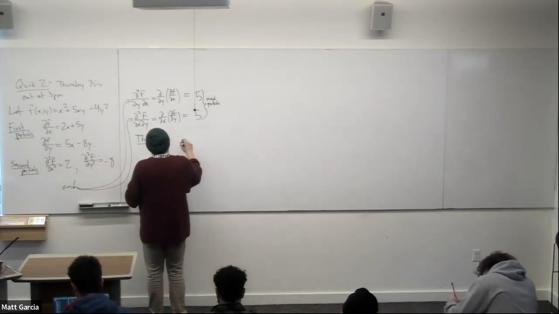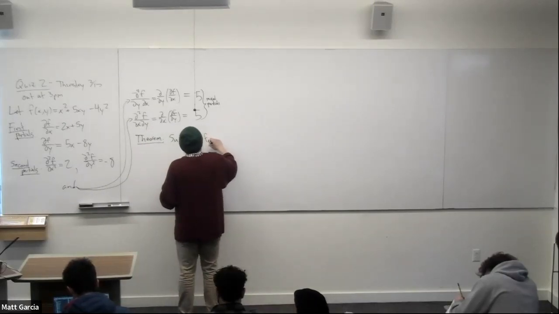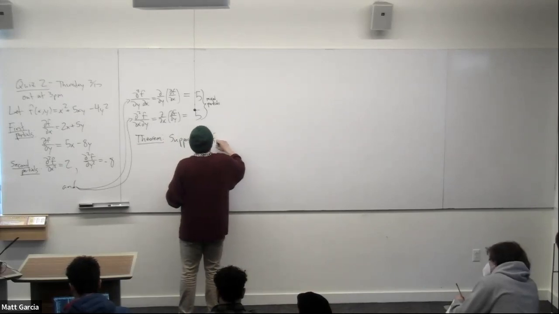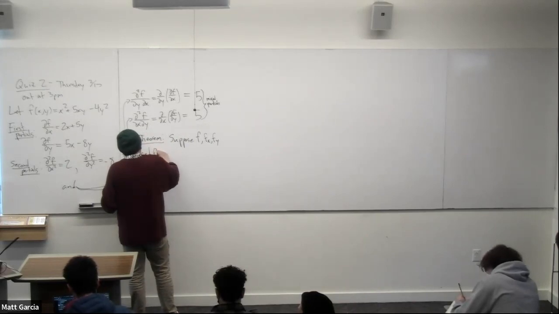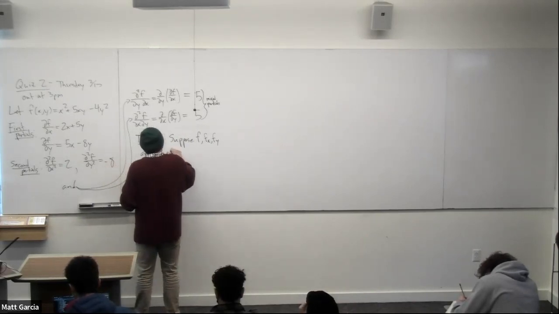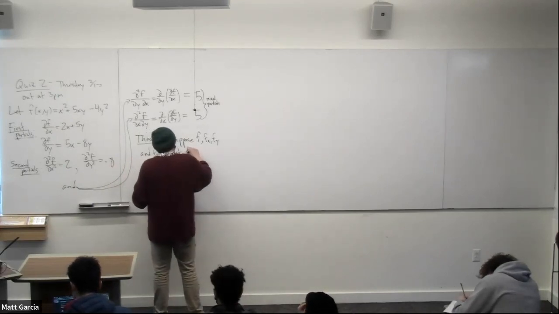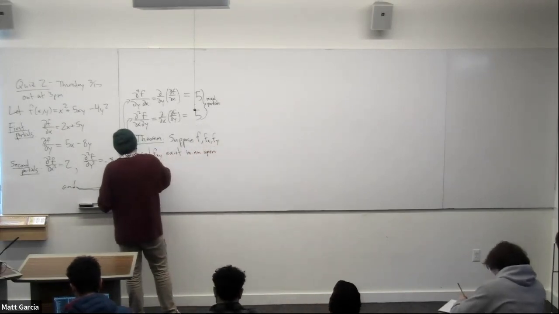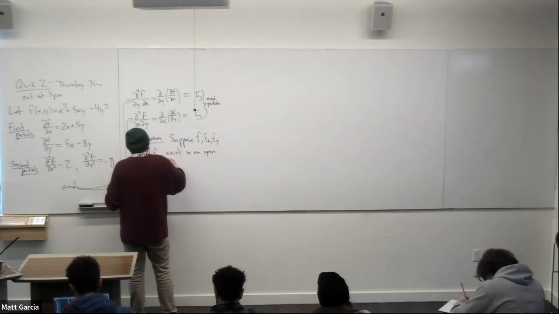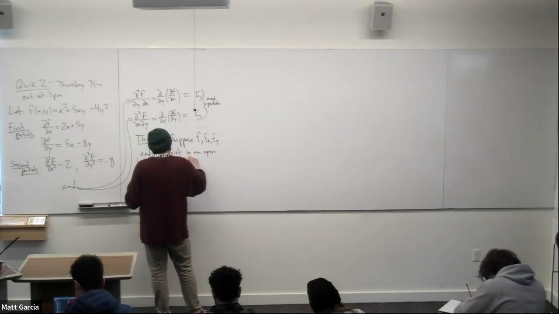Excuse me. Here's the theorem. So let's suppose f, the partial derivative with respect to x, the partial derivative with respect to y, and the mixed partial all exist in an open ball around some point, x naught, y naught.